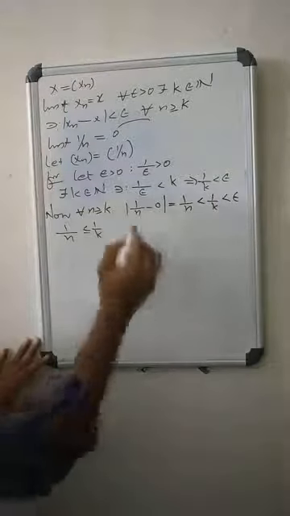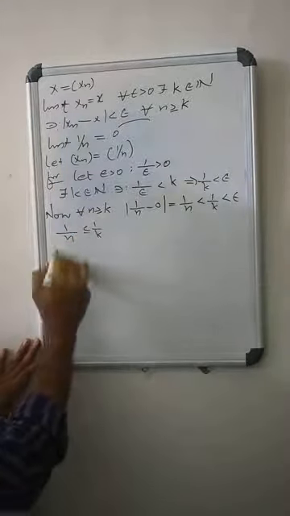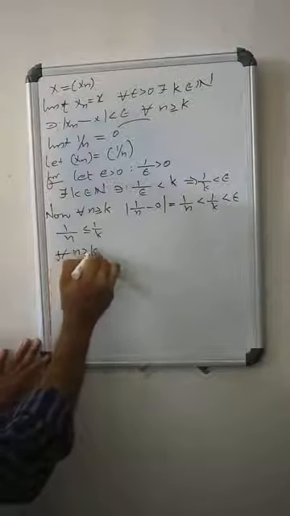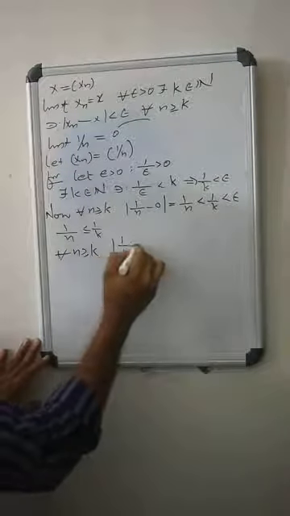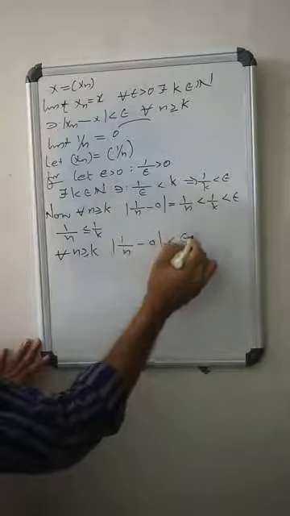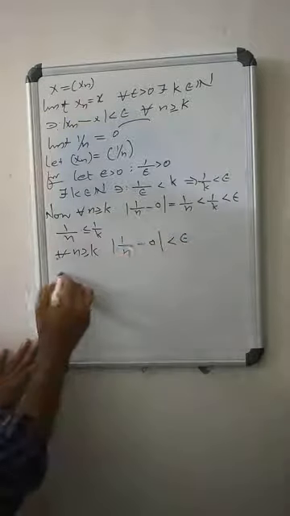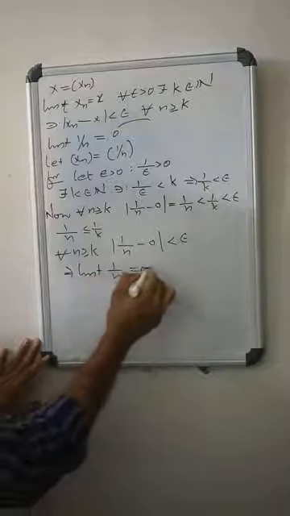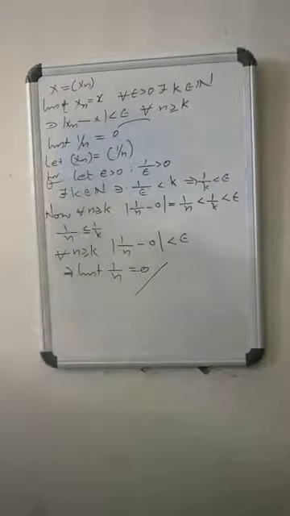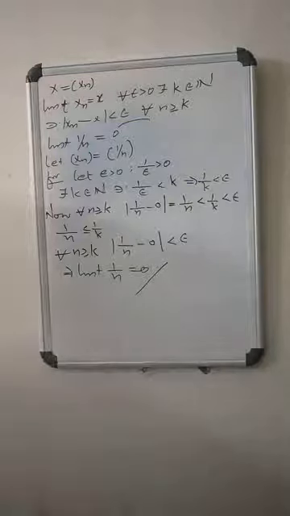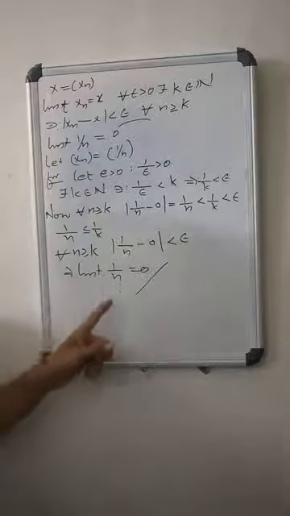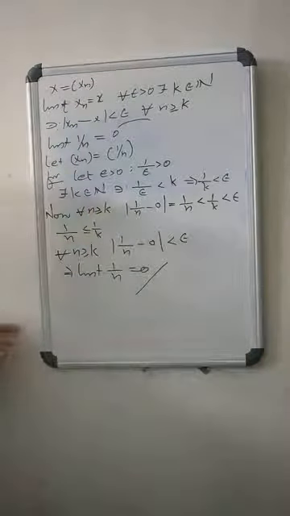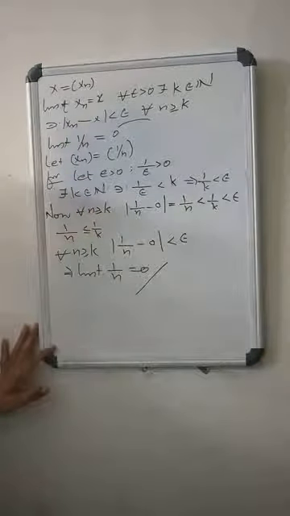Thus, for all n greater than or equal to k, modulus of 1 by n minus 0 is strictly less than epsilon. Since epsilon is arbitrary, by definition we know that limit 1 by n equals 0. So, if xn is the sequence 1 by n, then limit 1 by n equals 0. This is proved by using the definition of the limit of a sequence.